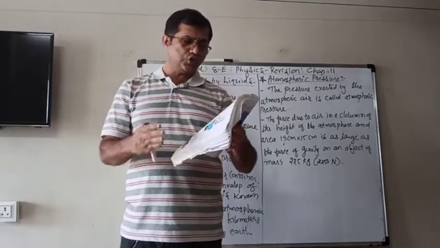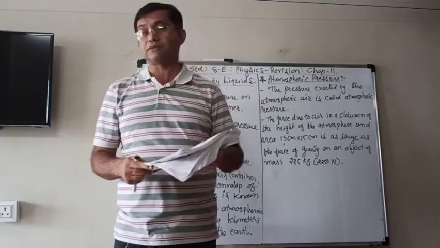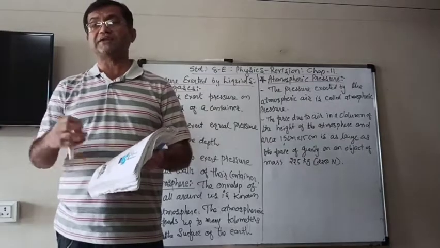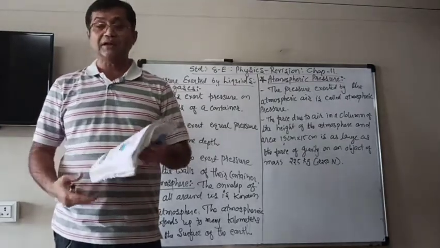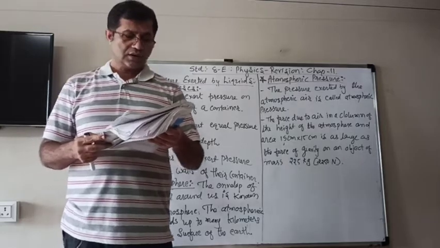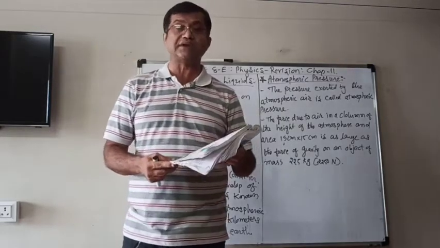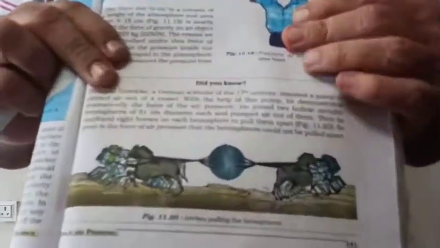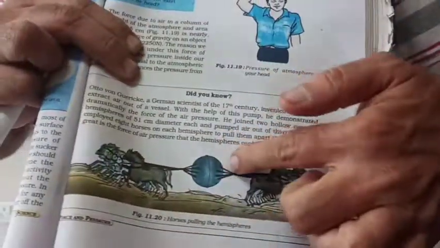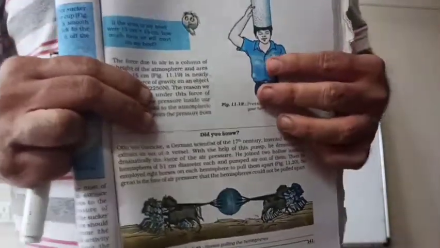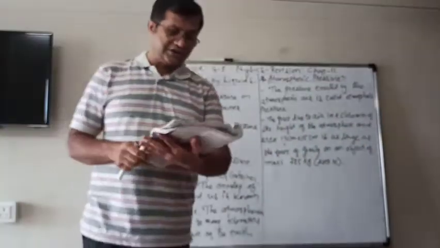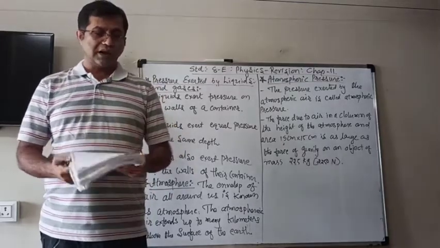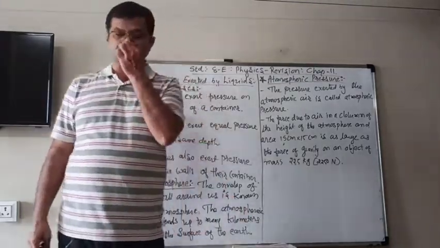He made two hemispherical hollow metallic plates, put them together and took out the air, and then he tied 8 horses on both sides to pull them, as shown in the figure here. 8 horses this side, 8 horses this side, but still that metallic hemisphere did not get separated. So that is how big the atmospheric pressure is.